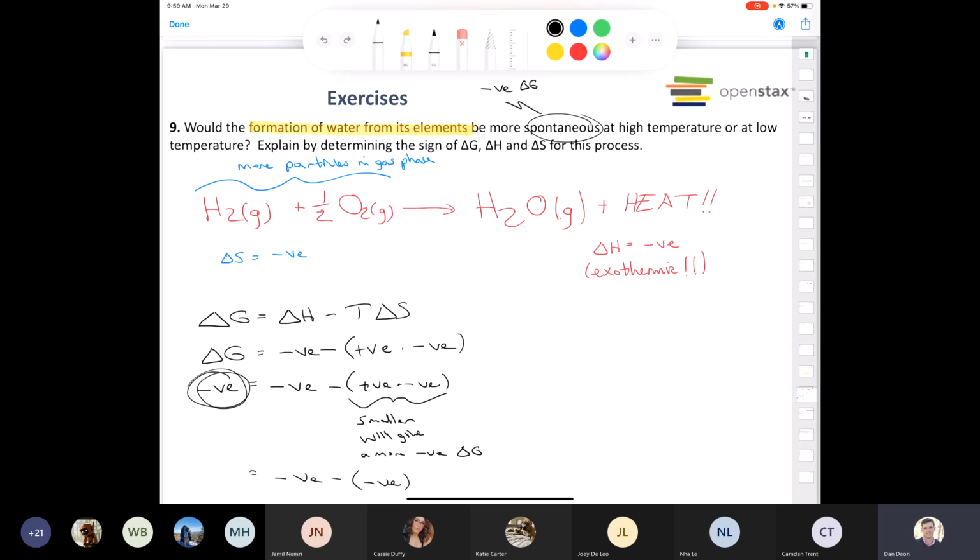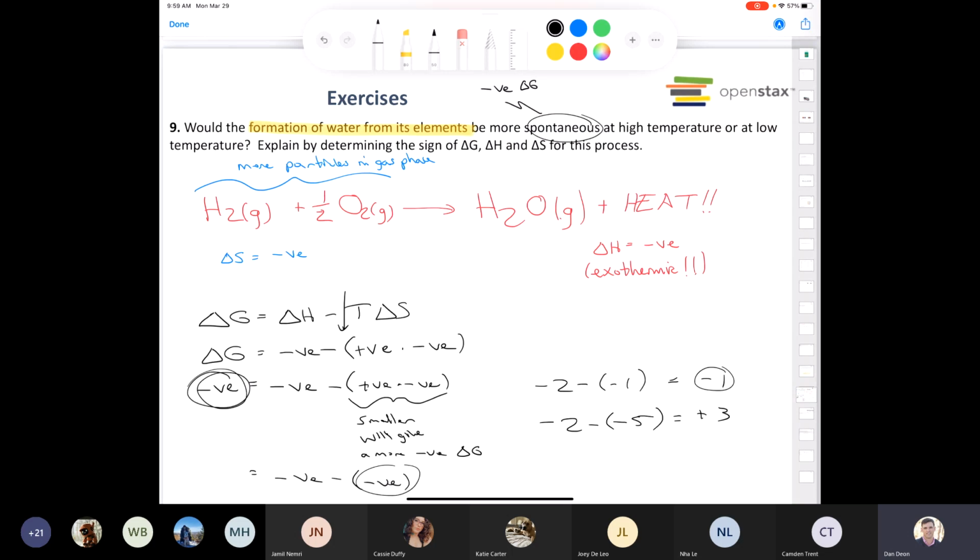If you take -2 and you subtract -1, what do you get? You still get -1. If you take -2 and you subtract -5, what do you get? You get +3, right? So if you want a negative number, this has got to be small. That means the T's got to be low. It's got to be a small number.